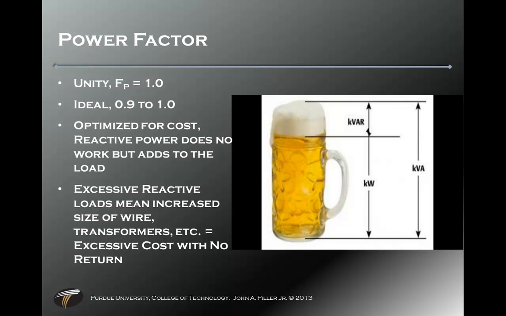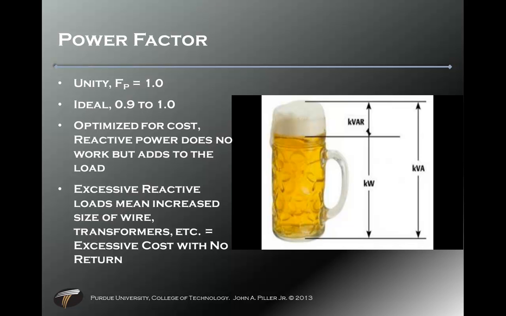That's what you pay the bartender for, or what you pay the utility for. kW is the useful portion of the beer, and that's what you want to use. We need to reduce the amount of foam on the top, the kVAR. You have to pay for that. It's always part of the deal. It's a matter of your load, but if you can reduce it, you decrease the amount of kVA that you're paying for and not getting anything out of.